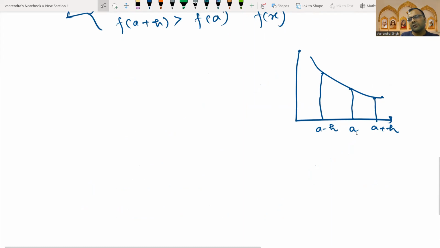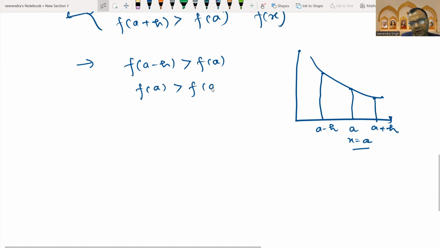So if we are talking about this point, x equals A, from the graph itself we can see that f of A minus h, which means the value at x equals A minus h, is greater than f of A. And f of A is greater than f of A plus h.